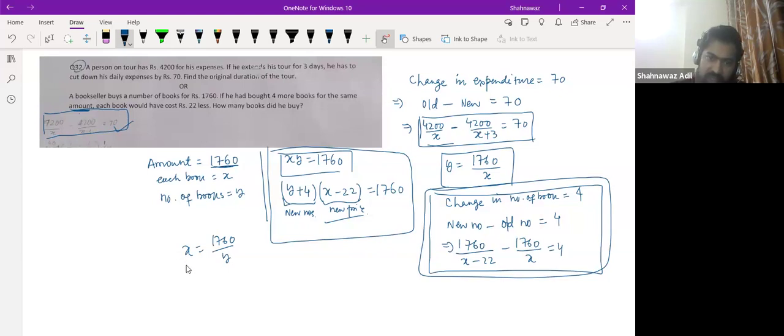So this is the old price, what was this x? So old price, right? This is old price. What is the new price?